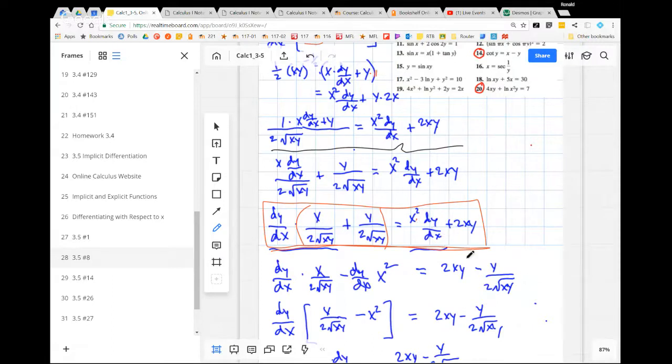So what I did is I got the dy dx terms on the same side. So first of all, I multiply, what's dy dx times these parentheses? Dy dx times x over 2 square roots of xy plus dy dx times y over 2 times the square root of x times y times the square root of xy. Okay?